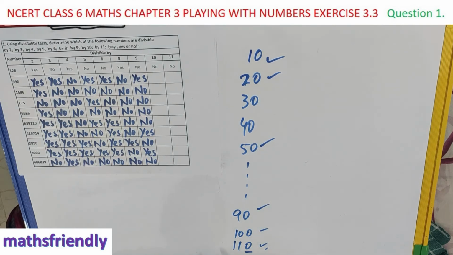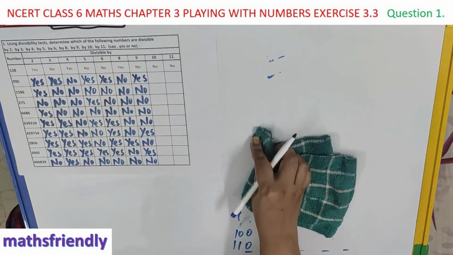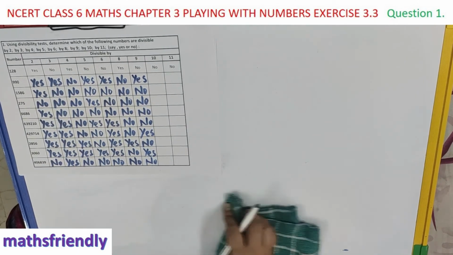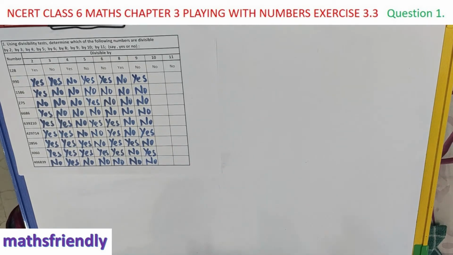There are many other numbers also like that. Those numbers have 0 in their ones place, in their units place. So we can conclude that a number which has 0 in its units place, those numbers are divisible by 10.